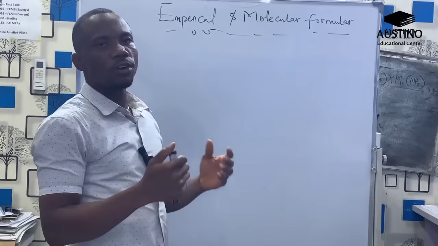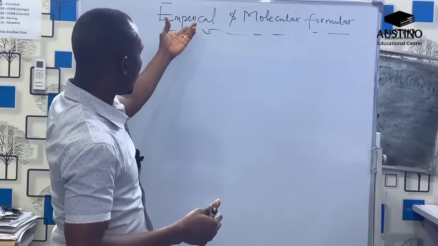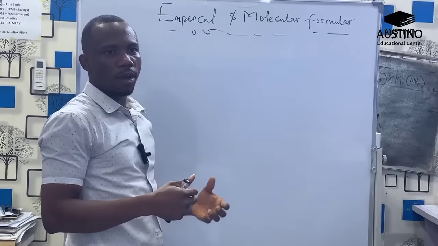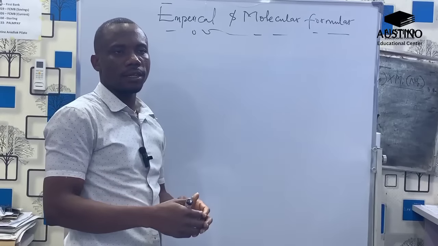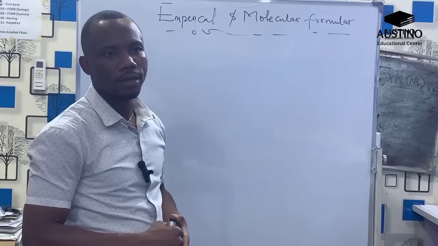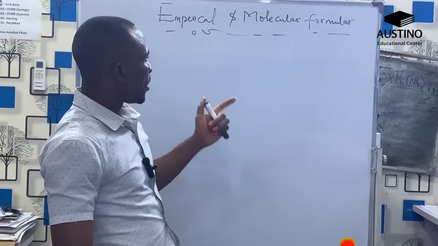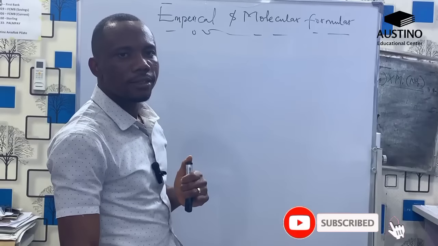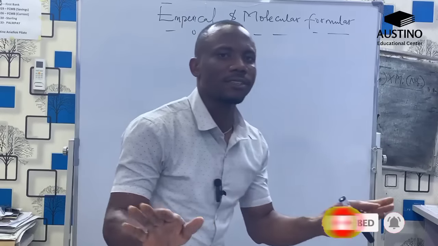In the video that we have been dropping, we express empirical formula as a ratio of the smallest atoms present in a particular organic compound. And the molecular formula shows the actual number of each atom present.